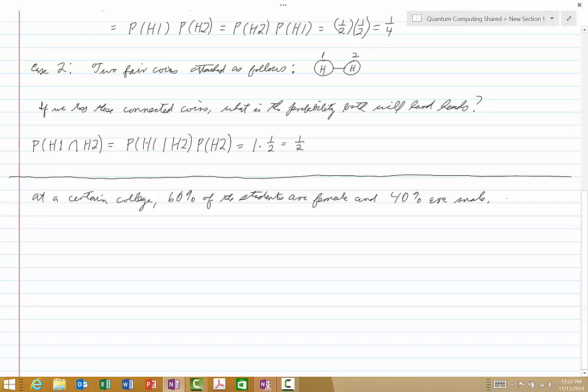Also, 70% of the male students smoke, while 40% of the female students smoke.